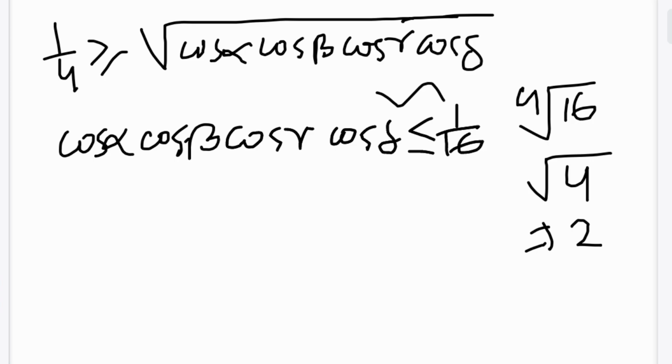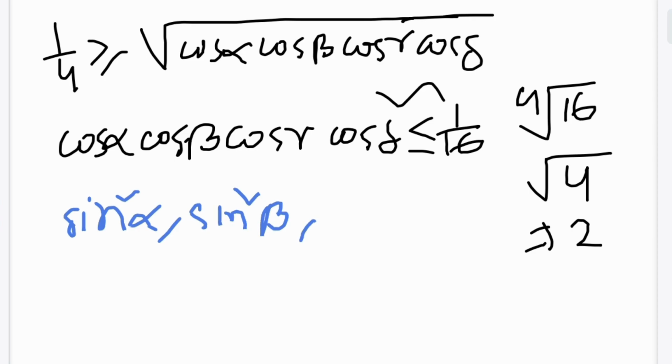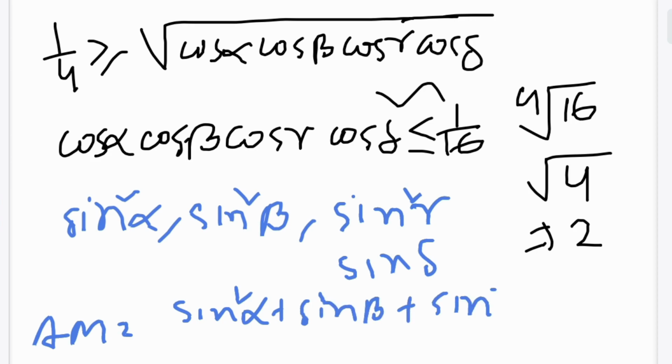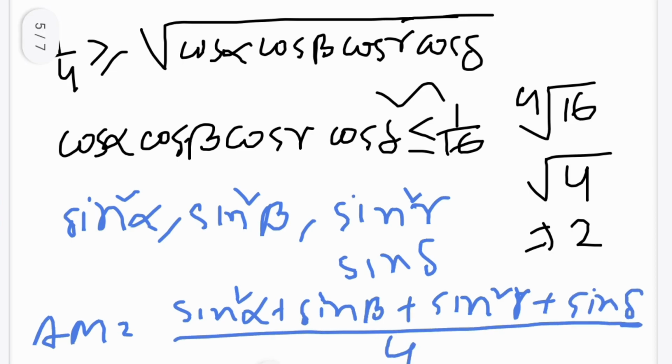Now we are going to do the same thing with these four terms, that is sin square alpha, sin square beta, sin square gamma, and sin square delta. So their AM will be sin square alpha plus sin square beta plus sin square gamma plus sin square delta over 4, right?